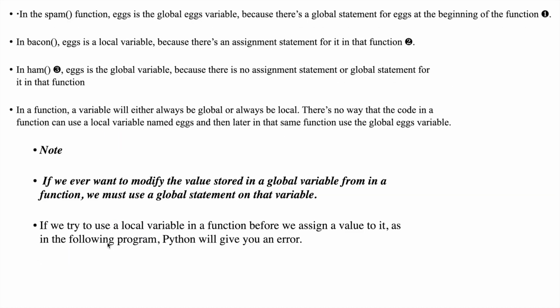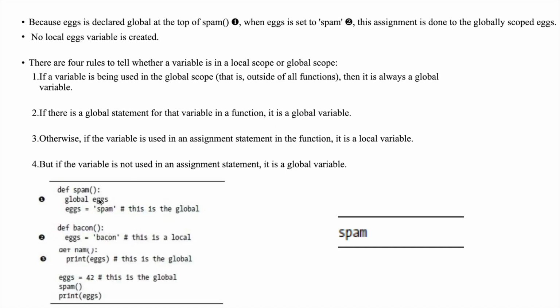Lastly, in a function, a variable will either always be global or always be local. What I'm trying to say is, these variables can either be a global variable or a local variable. At the same time, they can't be both local and global.